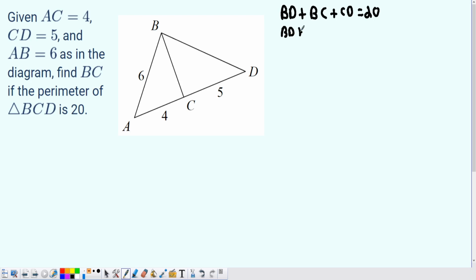BD plus BC, we know CD is 5, equals 20. So eventually we would just get that BD plus BC equals 15. Alright, so we can simplify something right off the bat. Now what do we do from here?